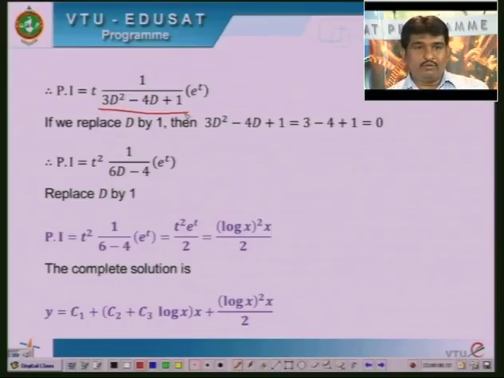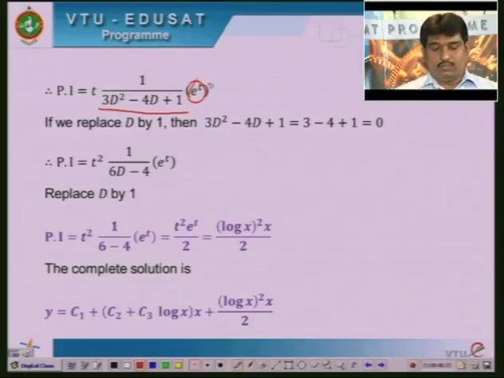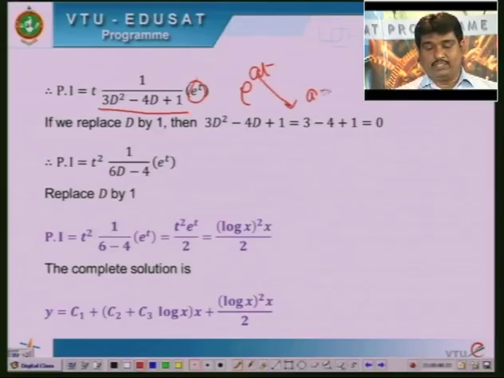Again, type 1, we have to replace D by 1, the coefficient of t in e to the power of t. e to the power of at, a is 1 in this case. If we replace D by 1, then even this f dash of D becomes 0. 3D square minus 4D plus 1 becomes 0.